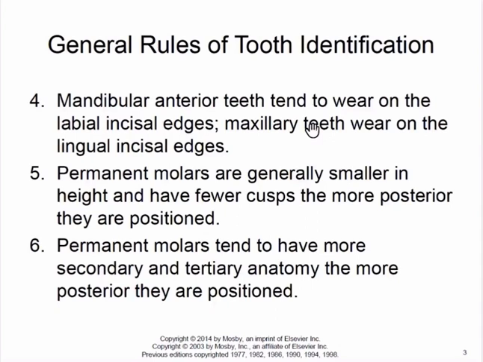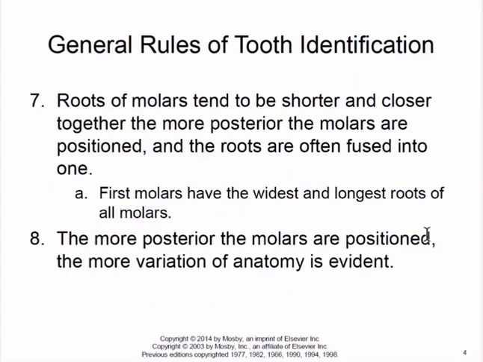Number 5, about the molars: the more posteriorly we go in the arch, from first to second to third molar, the smaller the size, the shorter the cusps, the fewer the cusps, and also the more secondary and tertiary anatomy. More variation of the anatomy is evident.